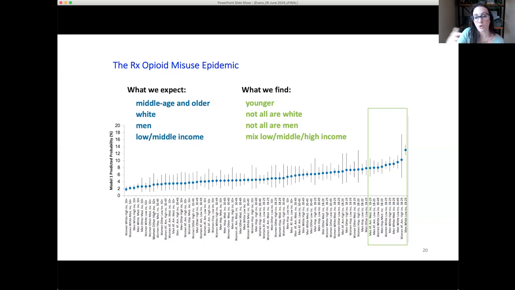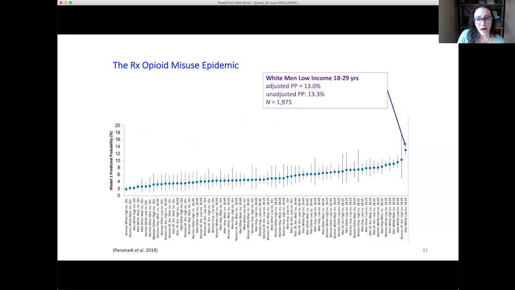And we see much more mixed income all the way up to high income. The highest risk group sort of fits our expectations based on additive world. So it's sort of the 18 to 29-year-olds, younger white men who are low income. But the big surprise here is the second highest risk group, which is high income young Black women. We would not predict that at all based on all of the additive work that might be done.